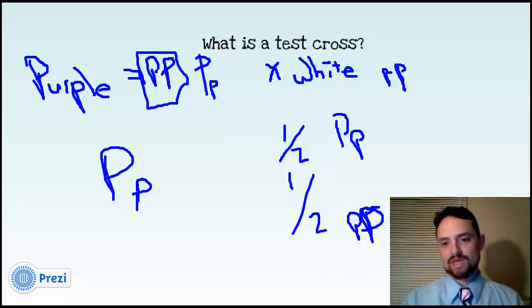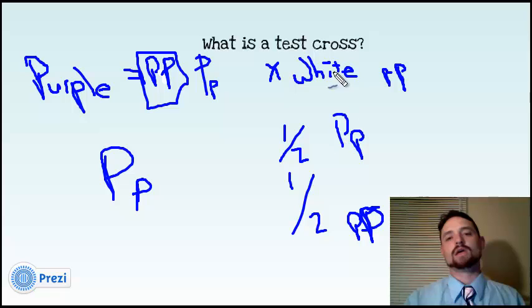But if we end up with these homozygous recessive individuals, then we say, okay, that individual had to be a heterozygote, because you cannot get a homozygous recessive individual unless that parent that you don't know the genotype of has that hidden recessive allele in there to donate. So take a minute, think about that. We'll talk about that a little bit more in class.